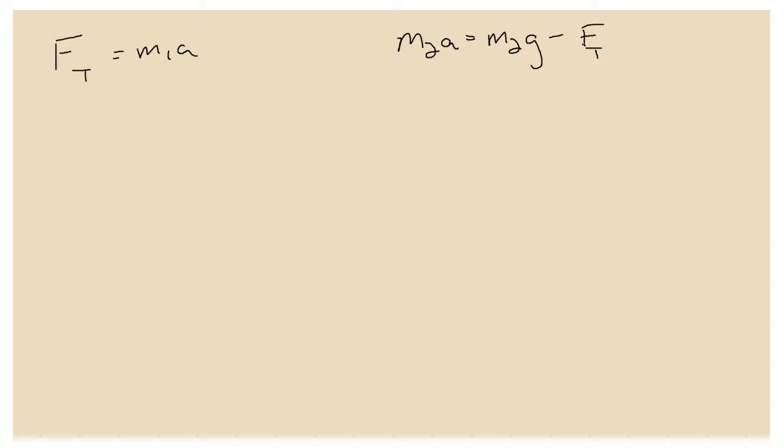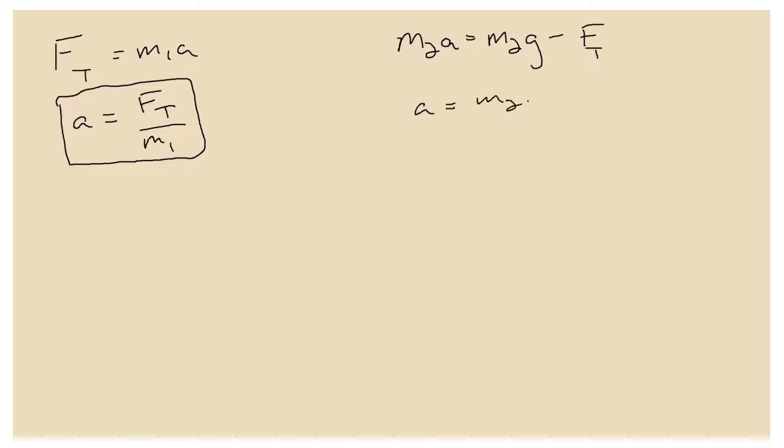And if we want to solve this for the tension, we got to get rid of the acceleration. So what we should do is solve both equations for the acceleration, and set them equal to each other, because then we'll get rid of the acceleration in the equation.